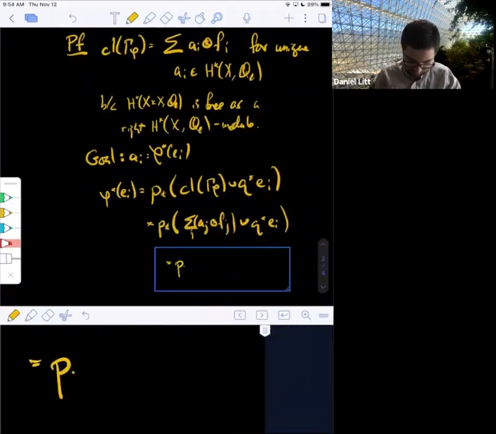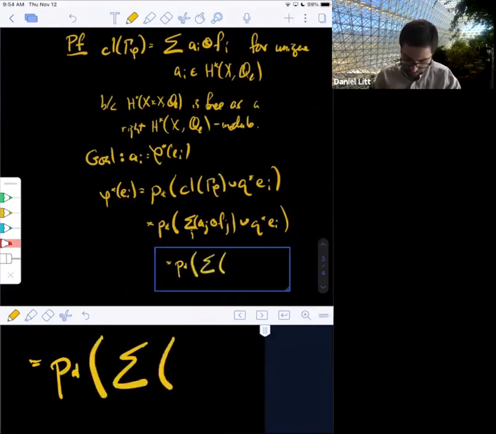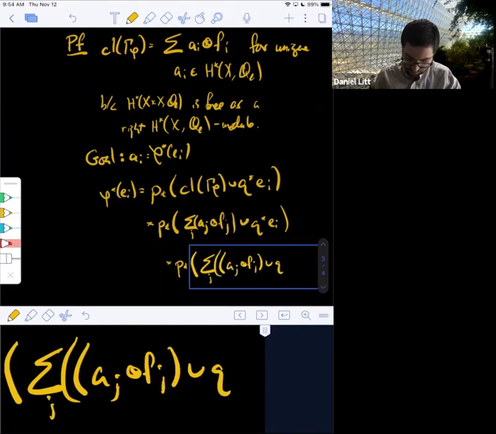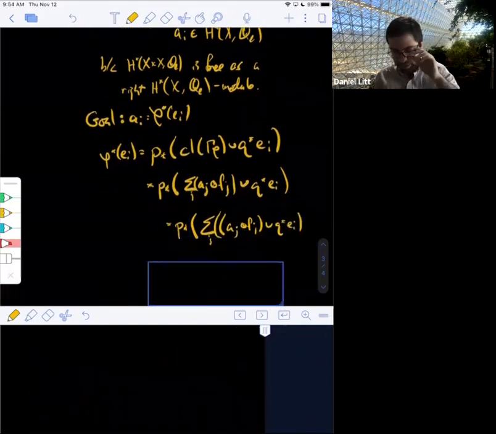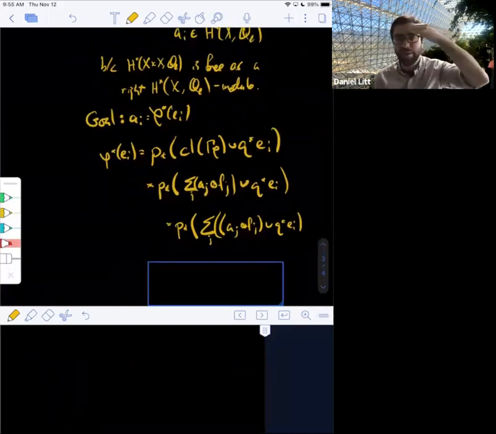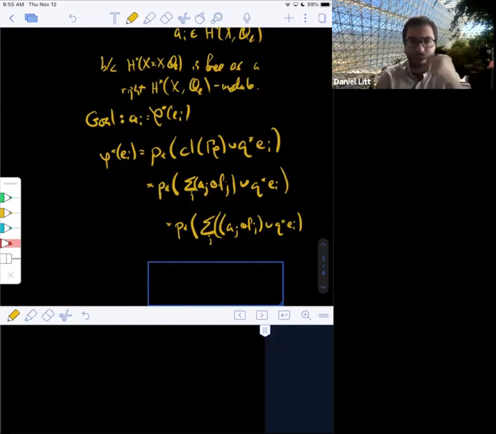This is p lower star of the sum over j of a_j tensor f_j, cupped with q upper star of e_i. Now there's something to unwind, which is you have to remember how the cup product was actually defined. The cup product was defined by a cup product on the product and then pulling back along the diagonal.